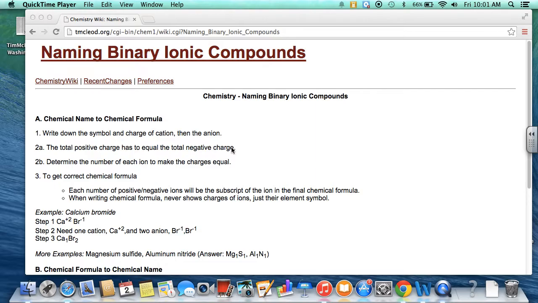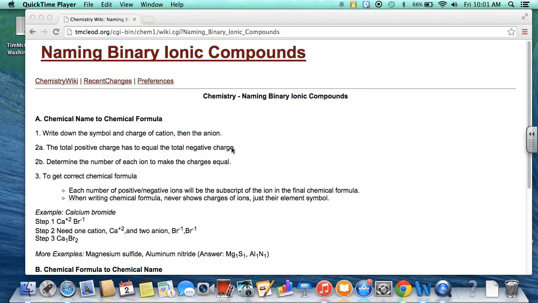Now, how do you know how many ions you need for each, the cation and anion? The rule is that every electron that's lost by the cation has to be gained by the anion. So the way we say it is that the total positive charge has to equal the total negative charge.